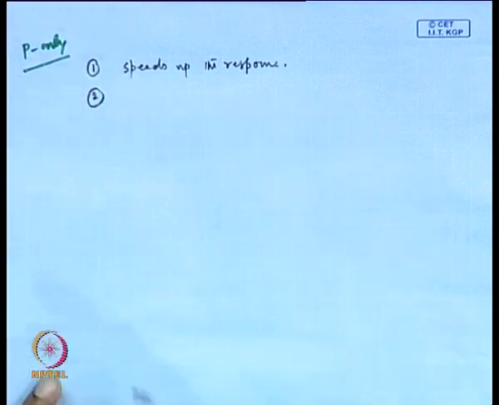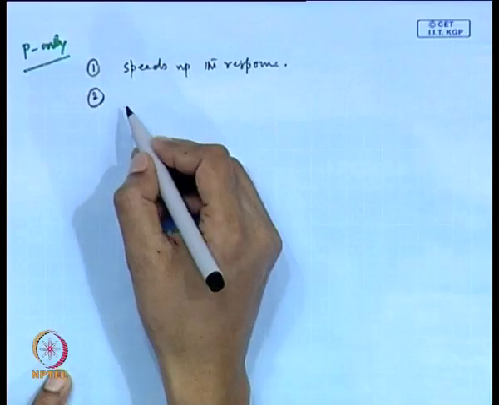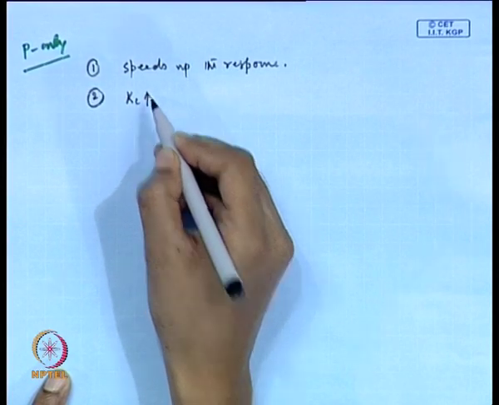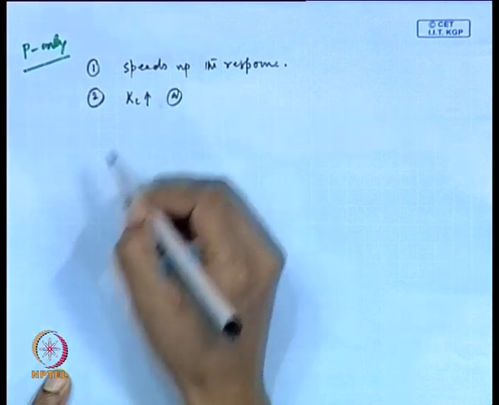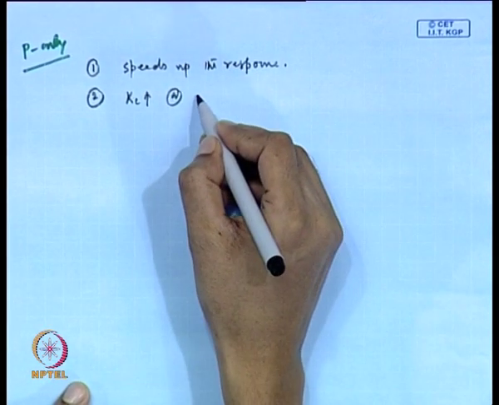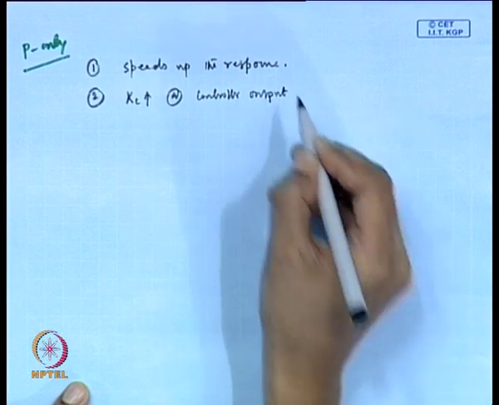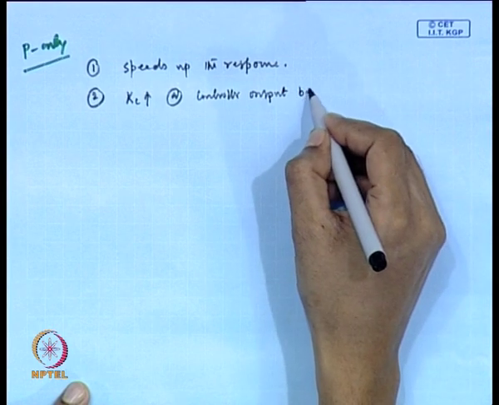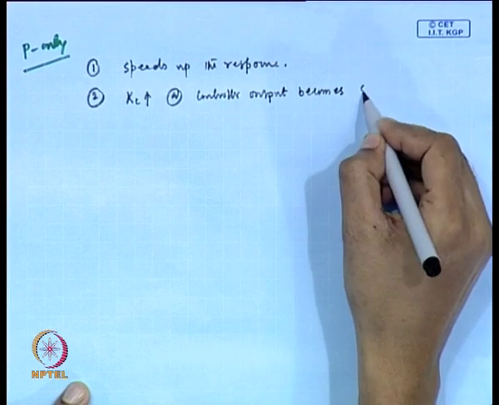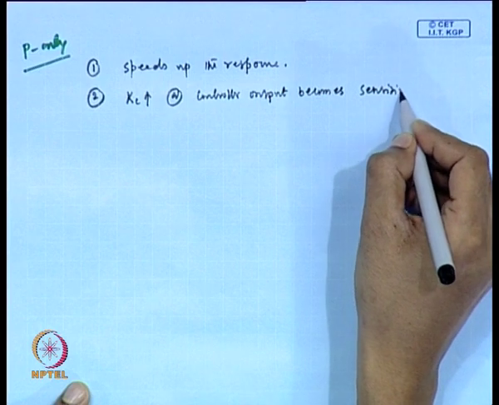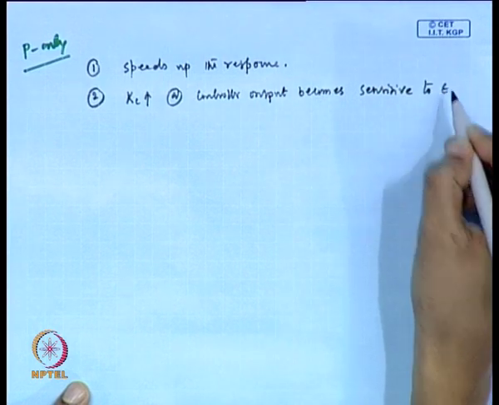Secondly, we can say that with the increase of Kc value, the proportional only controller output becomes more sensitive to the actuating error signal.